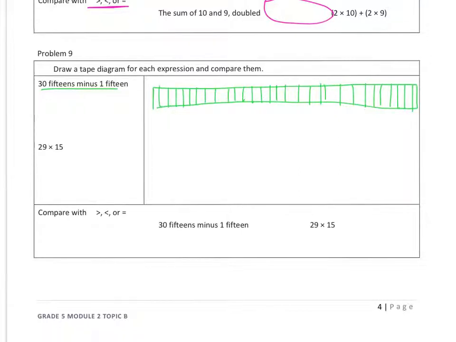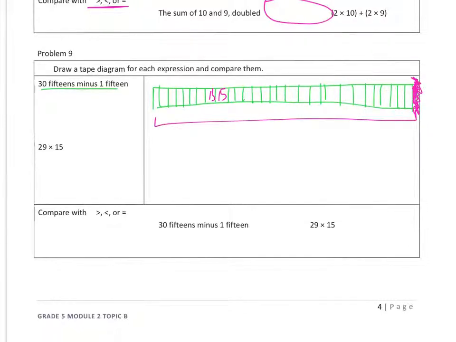Alright, so there's 30 15s. I'm not going to label these all. We know they're all 15s. And then so 30 15s minus 1 15. So we're going to scratch this one out. Go away. Go away.